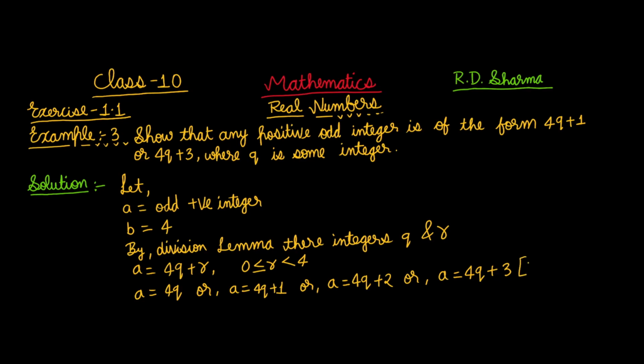This is due to 0 less than or equal to r less than 4. So this implies r is equal to 0, 1, 2, 3.